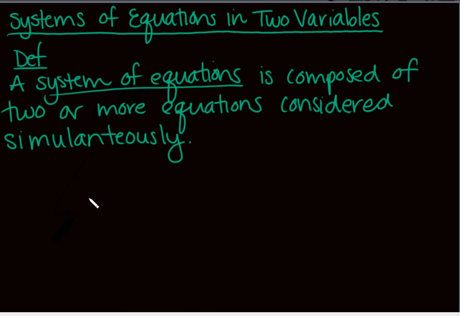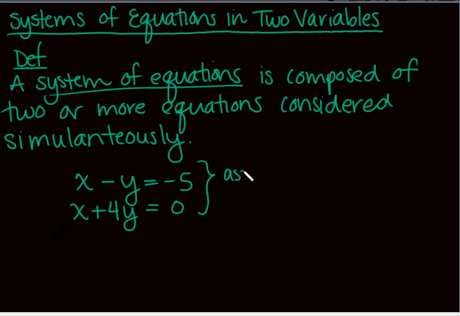So, for example, if I had x minus y equals -5 and x plus 4y equals 0, let's say. So this is my system, and what I'm looking for is we're going to assume whatever my solution is, or is there one, is there none, are there an infinite number?